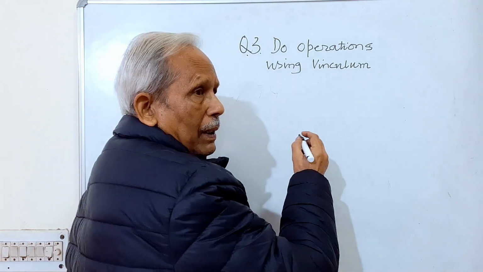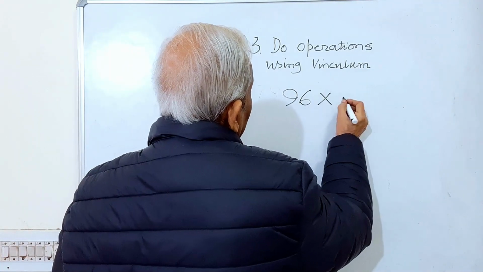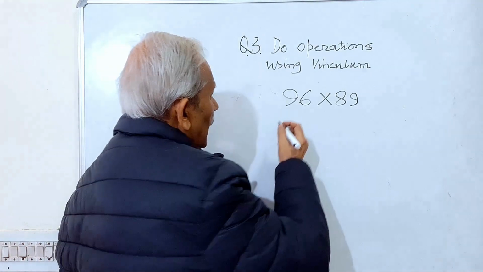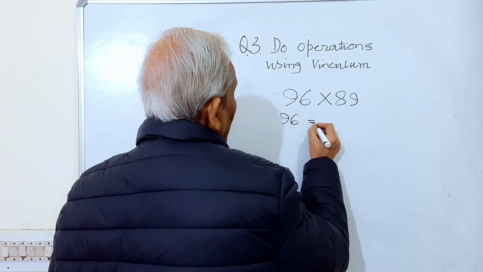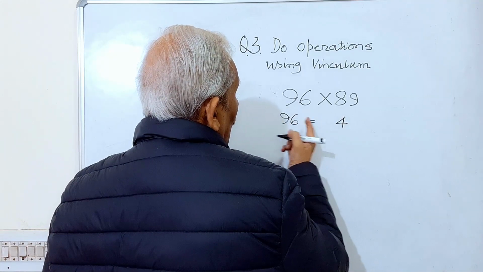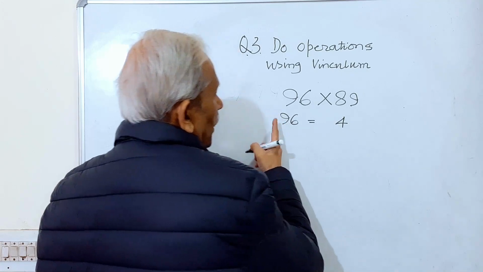96 into 89. Well, 96 into 89. Convert this 96 to what? 10 minus 6 is 4. And then we have to increase this number by 1.